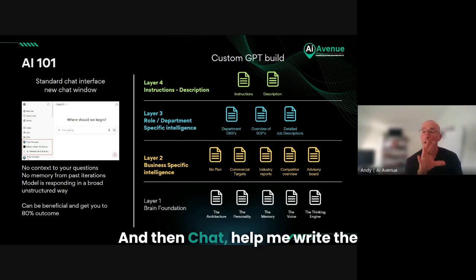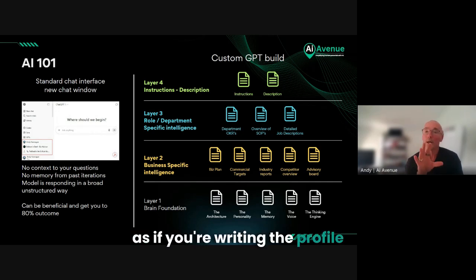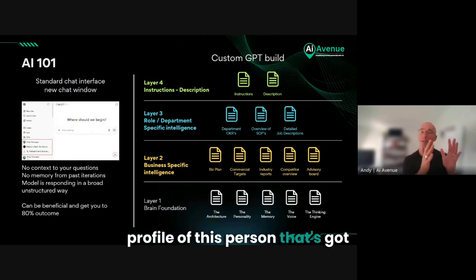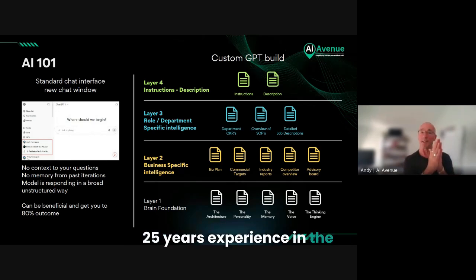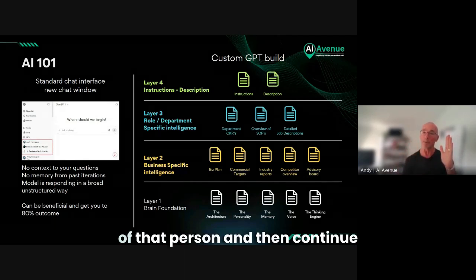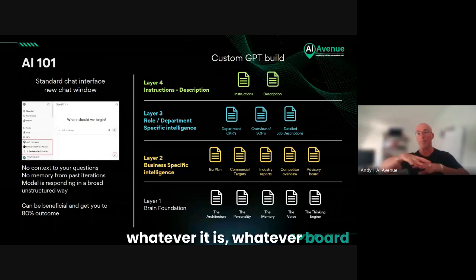And then chat, help me write, as if you're writing the profile of someone, deeply write the profile of this person that's got 25 years experience in the industry with all these different skill sets. Write me the script of that person, and then continue that to the CMO, the CTO, the CFO, whatever board of advisors.